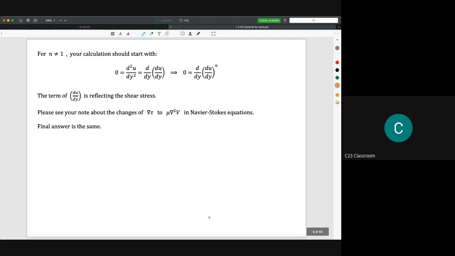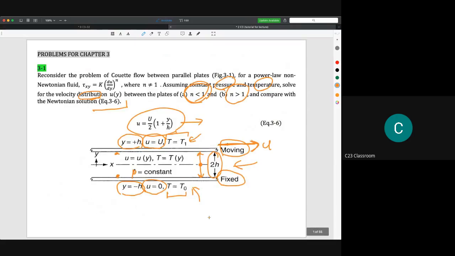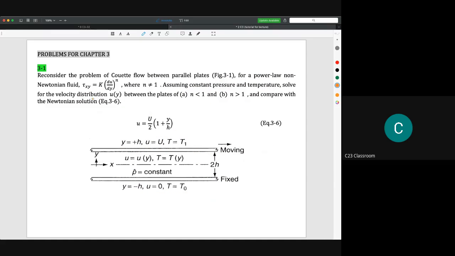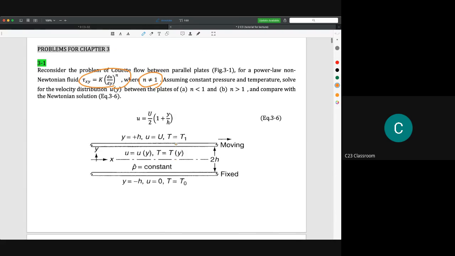So this is for now, but the question is asking us to develop an equation using this shear stress equation for the condition where n is not equal to 1. If you want to do that, it is very simple, but I will show it here.